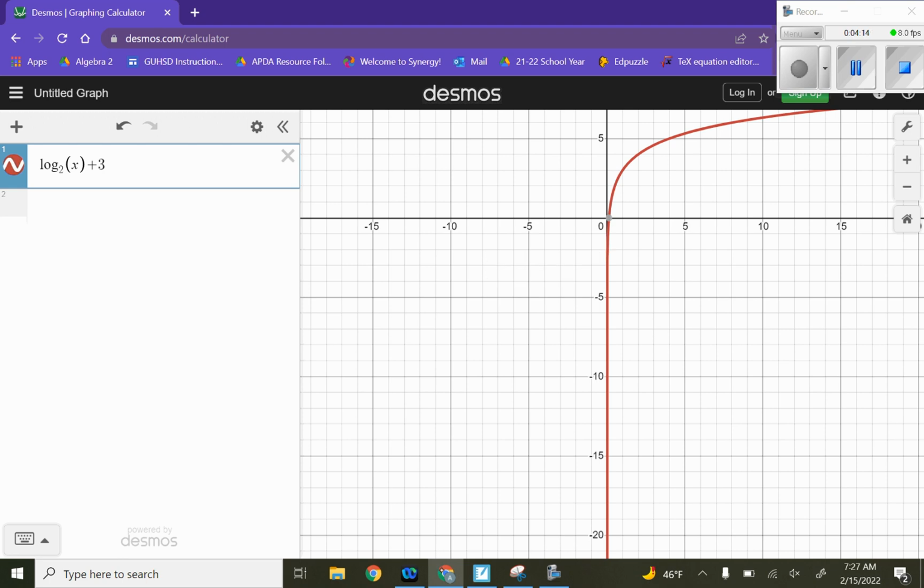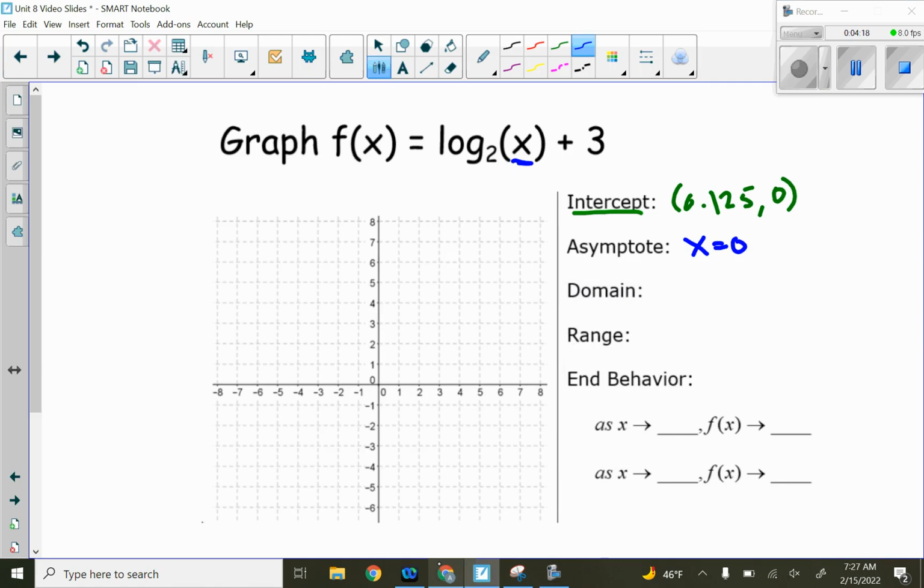However, it will never actually touch 0. So our asymptote is at x equals 0, so we would have this dashed line here to show our asymptote. And then we have that intercept about there.